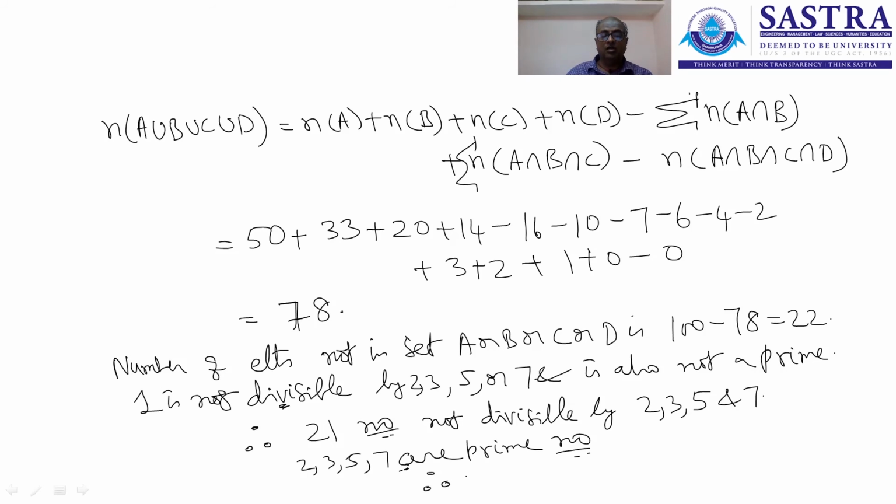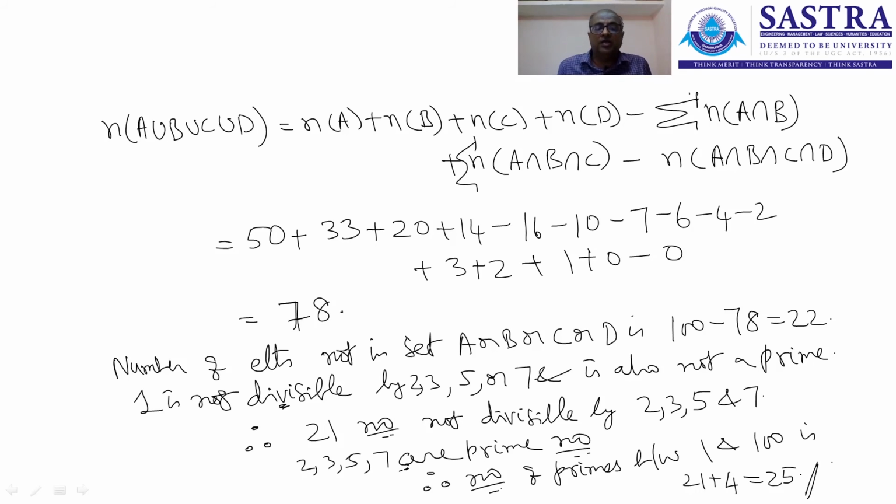Therefore, the number of primes between 1 and 100 is 21 plus 4, which would be 25. You can just use a simple calculation, namely the principle of sieve, to identify that you can find 25 prime numbers between 1 and 100.